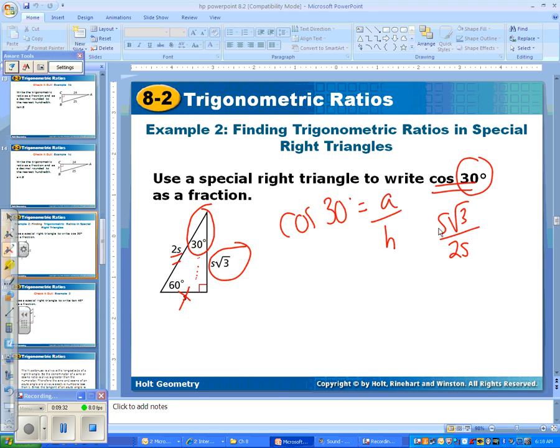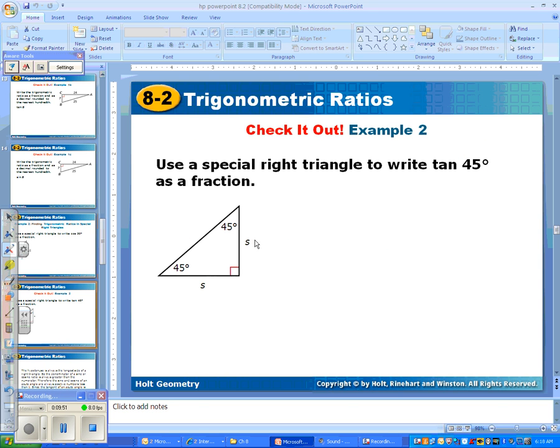Now, all we have to do is simplify. There's an s on top and an s on bottom, so your answer is going to be radical 3 over 2. That means for every 30-60-90 triangle that exists in the world, if you compare the adjacent side to the hypotenuse, it will always be radical 3 over 2. Pretty cool. All right, try to find tan 45 for this one, and again, we'll check it in class.